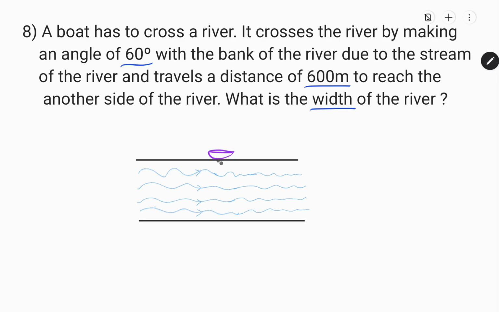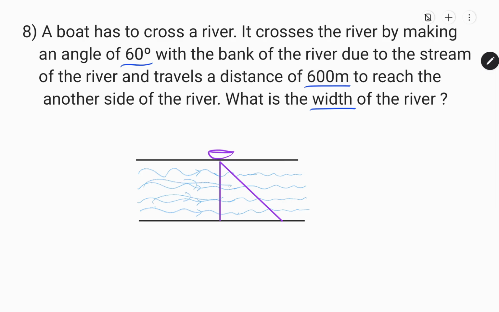A boat actually travels in the straight route, but because of storm it travels 600 meters from this point to this point. Flow is flowing in this way. Water flowing is in this way.